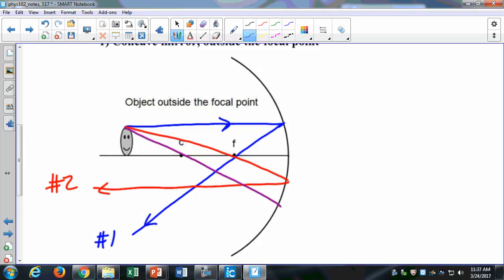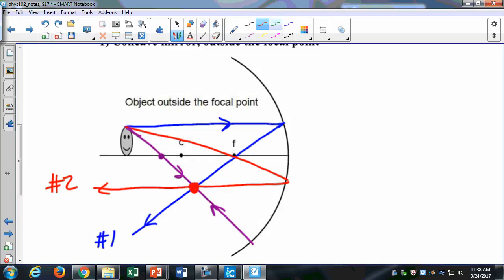I'm going to fudge it a little bit, okay? It should work out, I'm just not being very careful with my lines. We're going to say the center of curvature is right here. If you're careful with a ruler, you'll find that the light rays will all cross at the same point, and that's going to tell you where your image is.